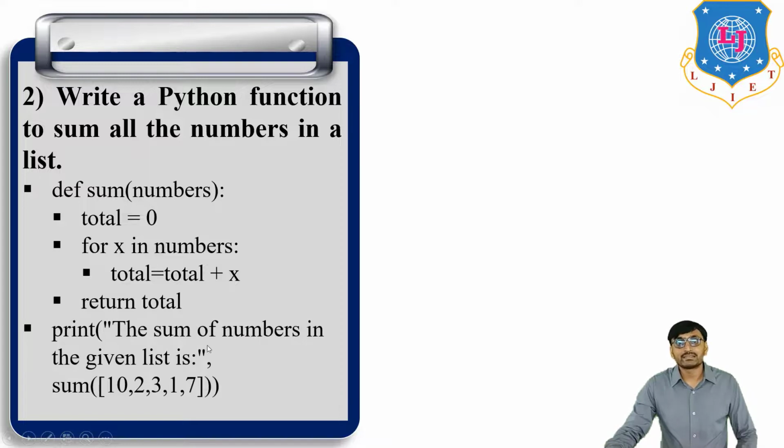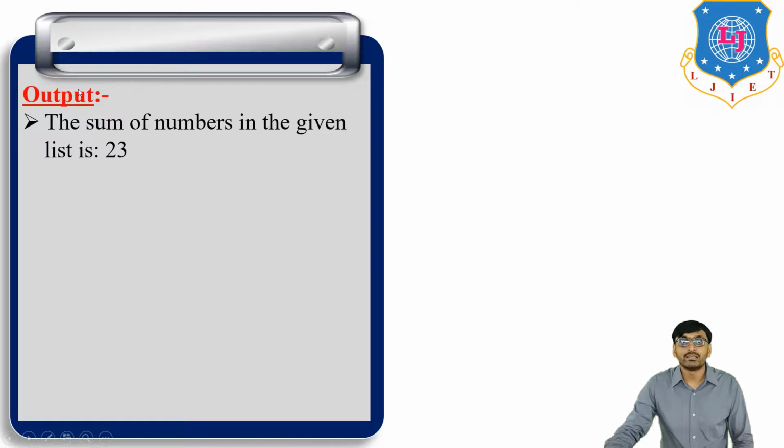Then print the sum of numbers in the given list is, then the function calling sum, with a list which contains 10, 2, 3, 1, 7. These are the elements of the list. Function calling is compulsory. If we run this program, the output is the sum of numbers in the given list is 23, the sum of all elements of the list.